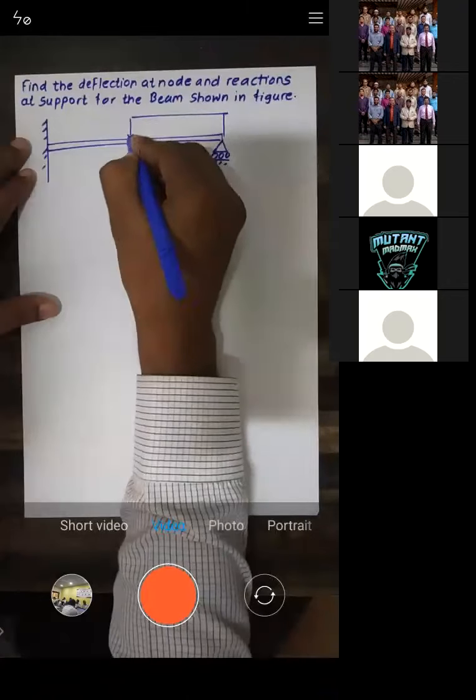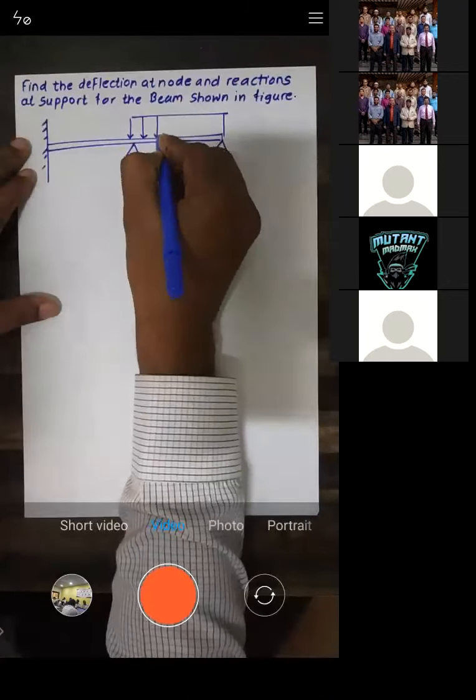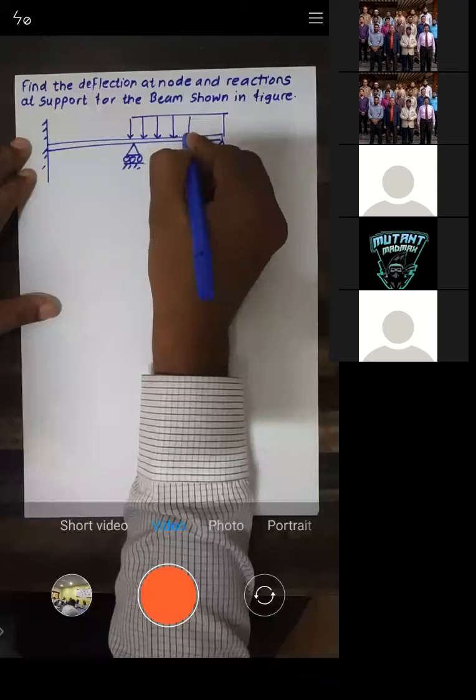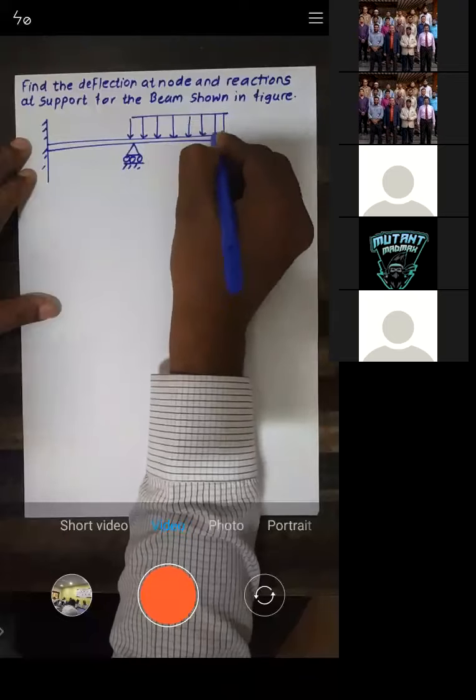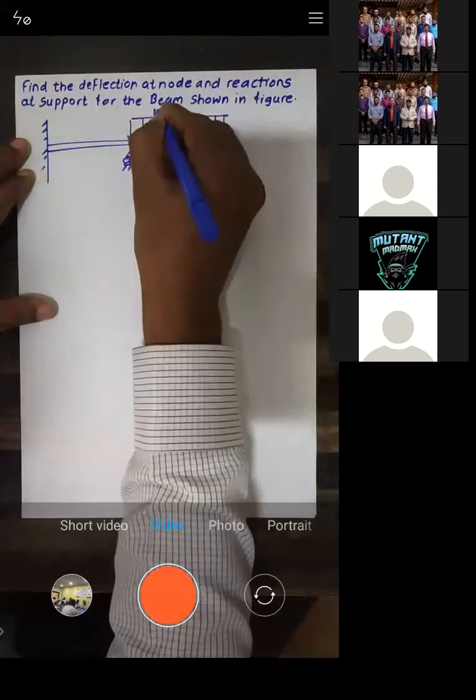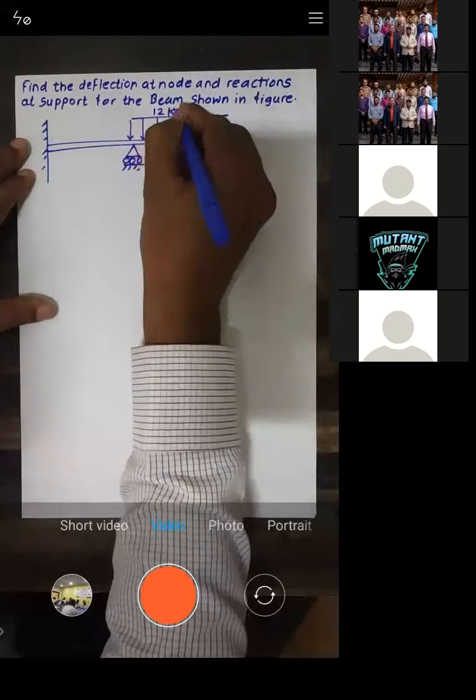We have this loading like this, where the intensity is 12 kilonewton per meter. This length they have given as 1 meter. This length again they have given as 1 meter.